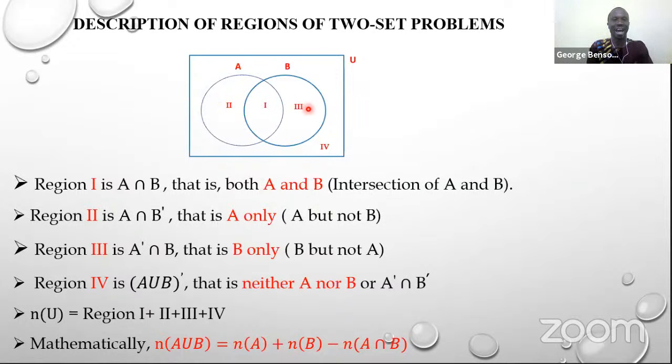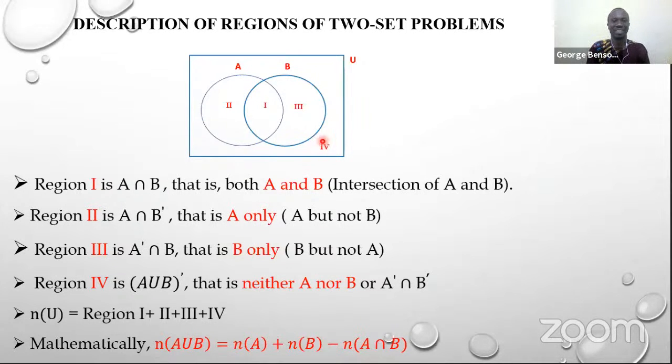Then the III, which is the third region, is the region for the elements or members that belong to only set B. And we also call it, in other words, B, but not A. Then the IV is where we have the complement that we talked about earlier.